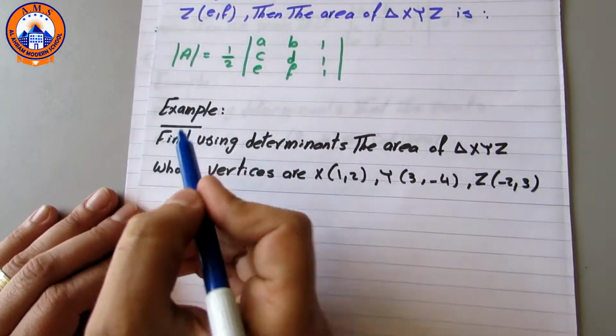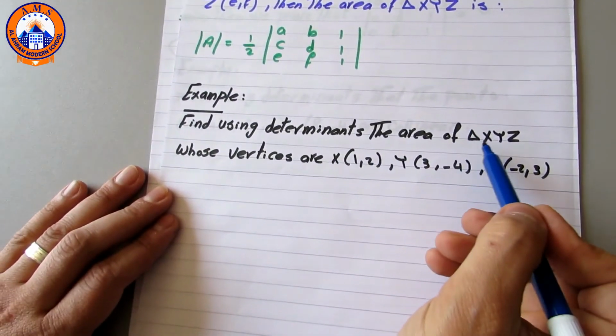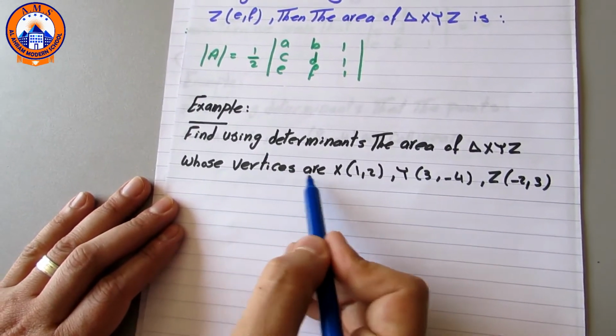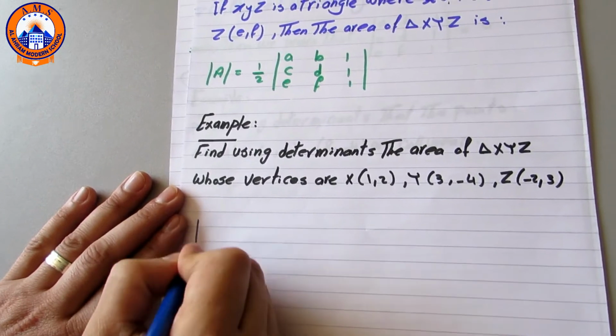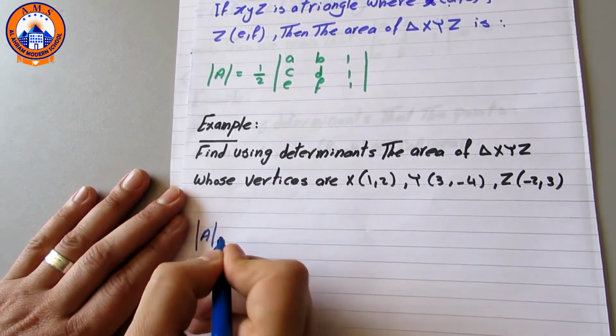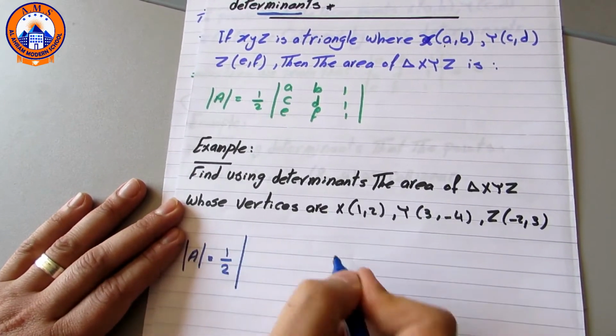For example, find using determinants the area of triangle XYZ whose vertices are given. I said, what about the steps? Area, absolute value of the area, equals half multiply.